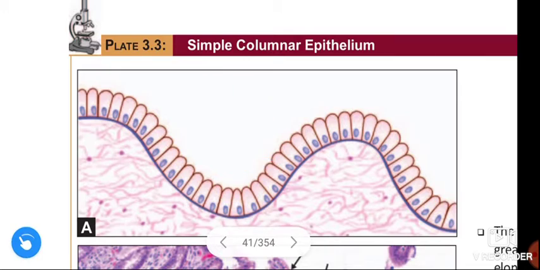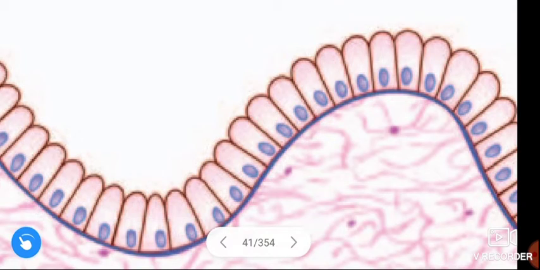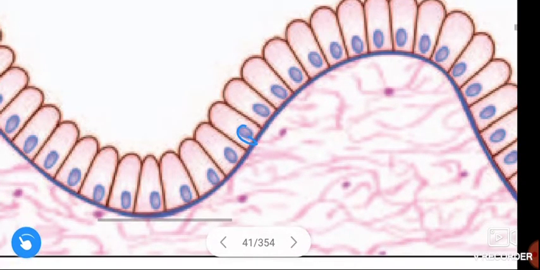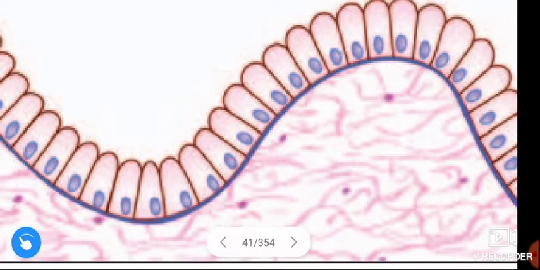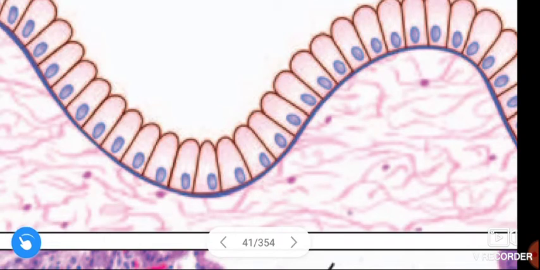And you observe the nuclei of this simple columnar epithelium. They are elongated and oval shaped. See, all are oval shaped. It is taller when compared to the width, and the nuclei are oval shaped and present in the lower half.